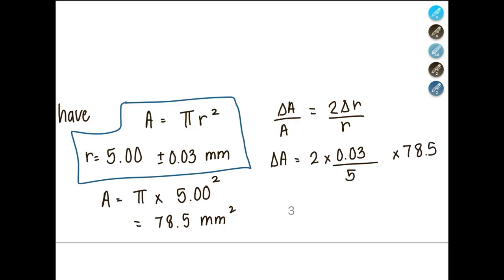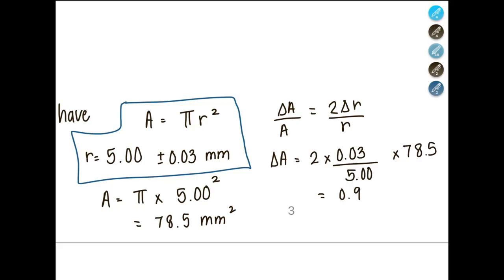Let's find this. This is going to be 0.9.